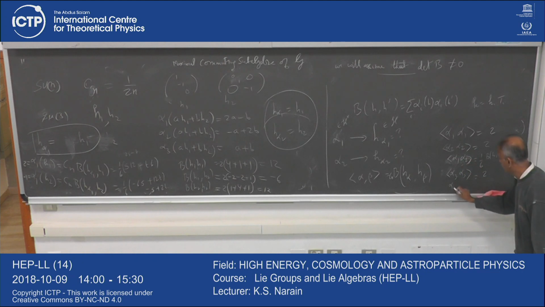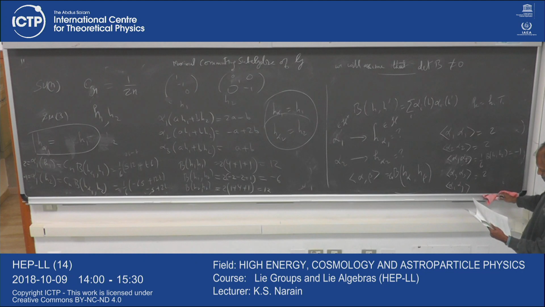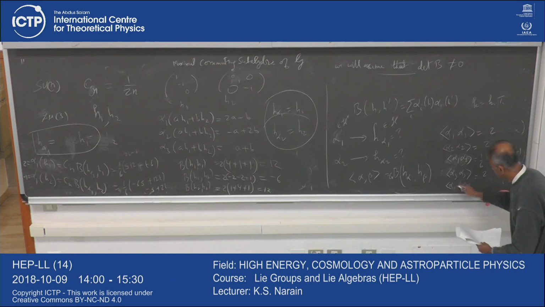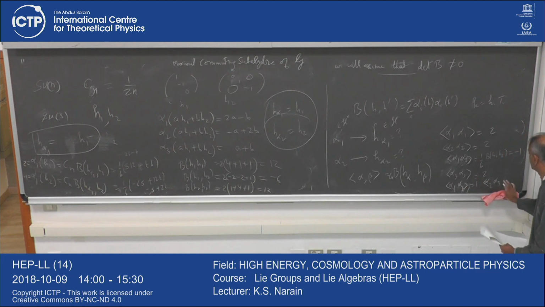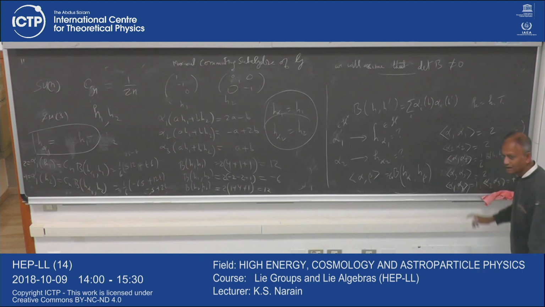And all of them, alpha i, alpha j, when i not equal to j, let's see, there is -1. I don't know, we can work out everything. I just write down the answers here. Alpha 1, alpha 3 is +1, and alpha 2, alpha 3 is +1. So this is what you find.